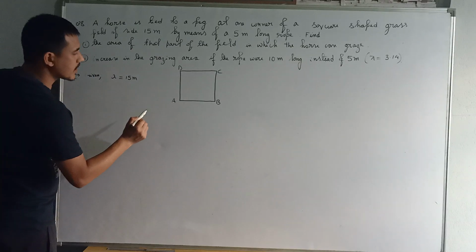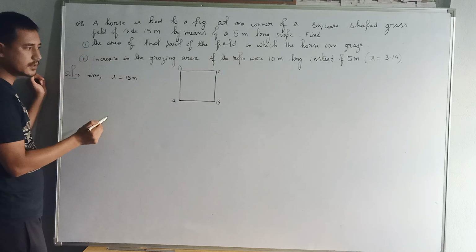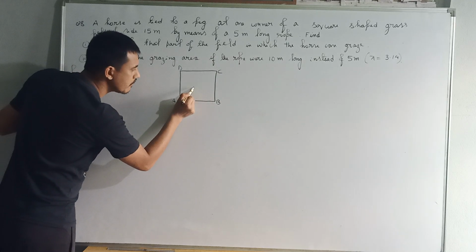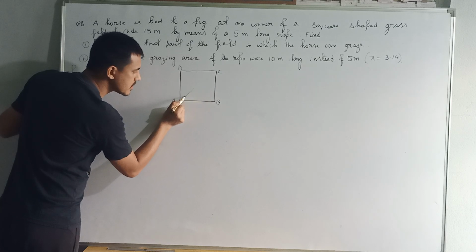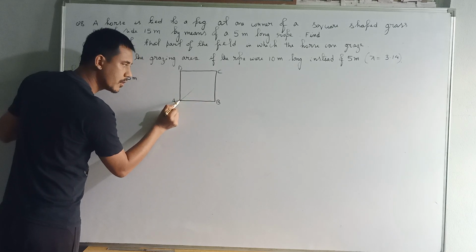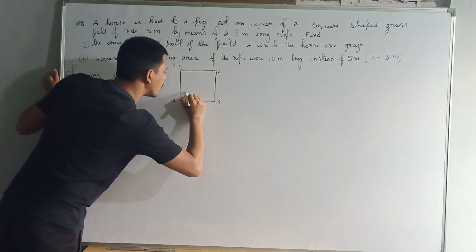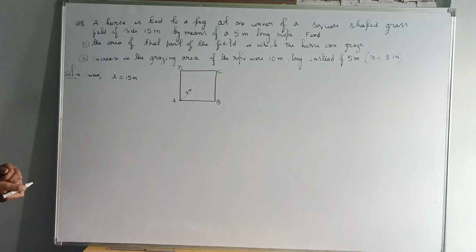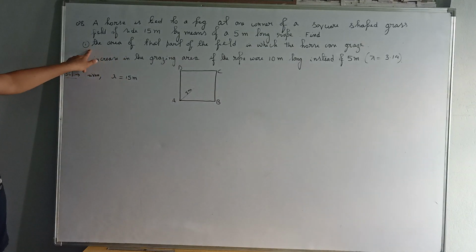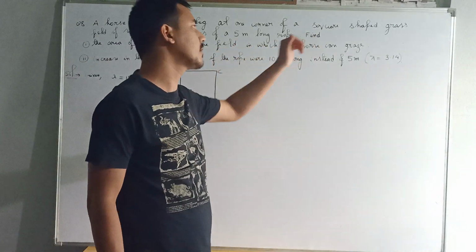The horse is tied to one corner of this square field by means of a 5 meter long rope. Find the area of that part of the field in which the horse can graze.